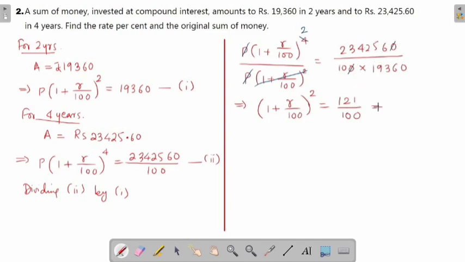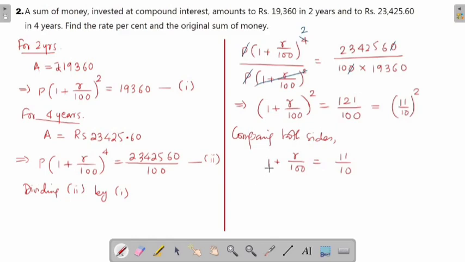Now see, we have a square here, so if I have to represent this also as a square, can I write this as (11 by 10) whole square? Obviously. So comparing both sides, we have a square, so remove that, and you get 1 plus R by 100 is equal to 11 by 10.